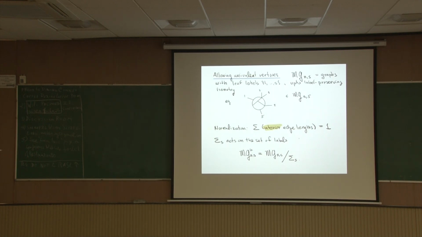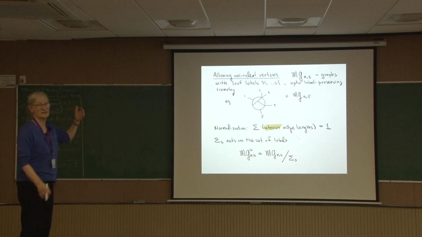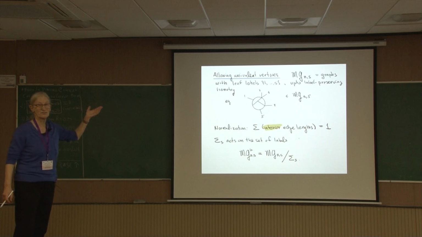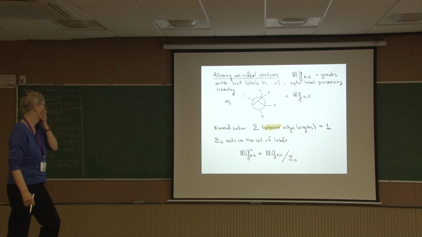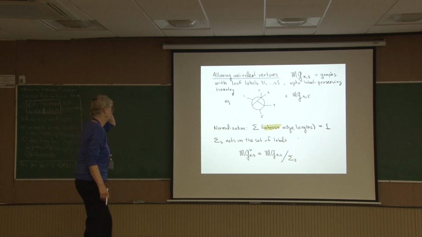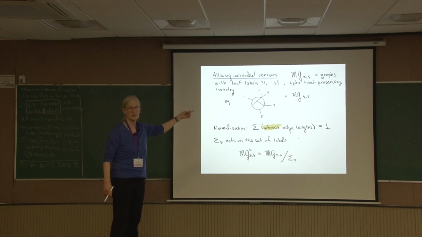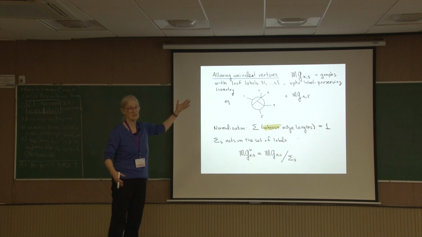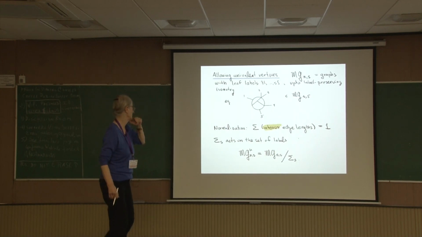Okay, so you notice I've labeled the leaves. So the symmetric group acts on the set of labels. So I can mod out by the action of the symmetric group, and I would get a space of graphs with leaves, but the leaves would be unlabeled. I would think of the leaves as unlabeled.